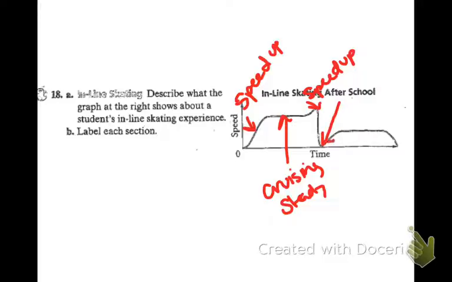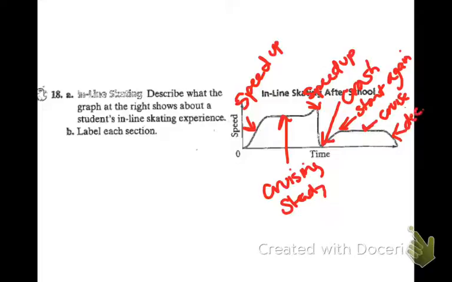This going all the way down to 0 speed looks like they might have had a crash or an accident, and then they start again. They cruise again, but now they're at a slower speed. Here they're decreasing until finally they stop.